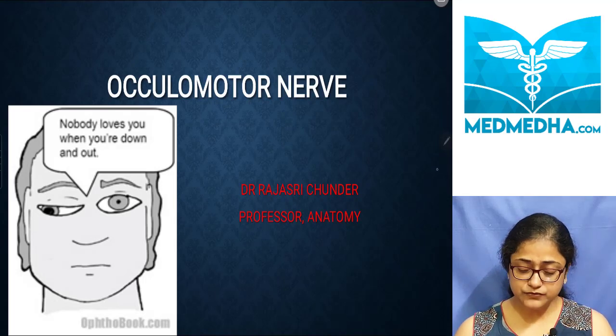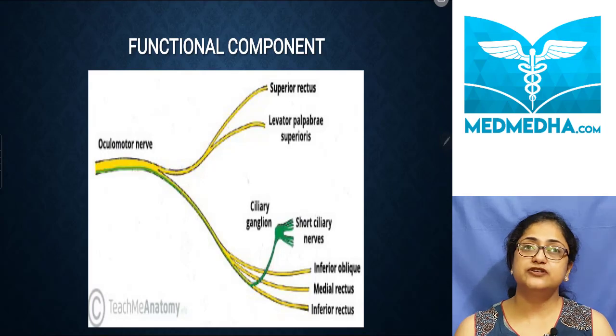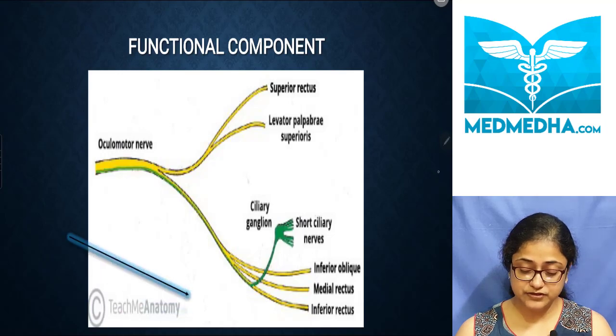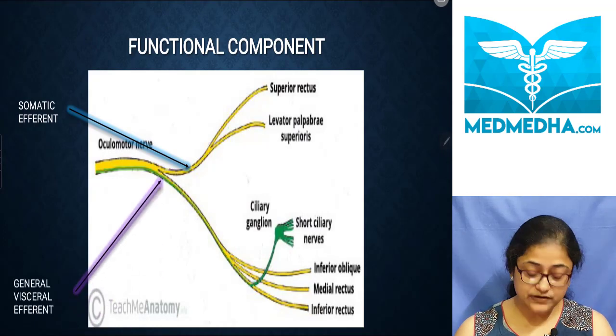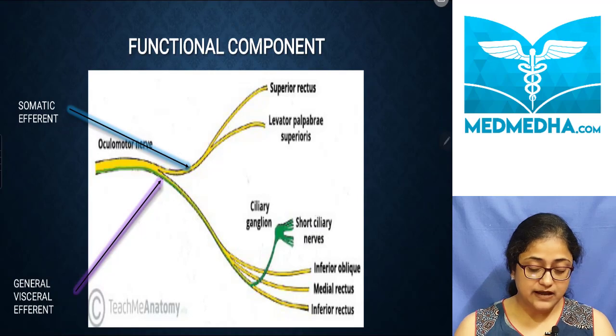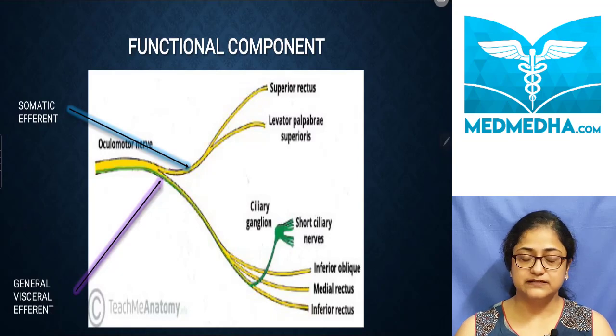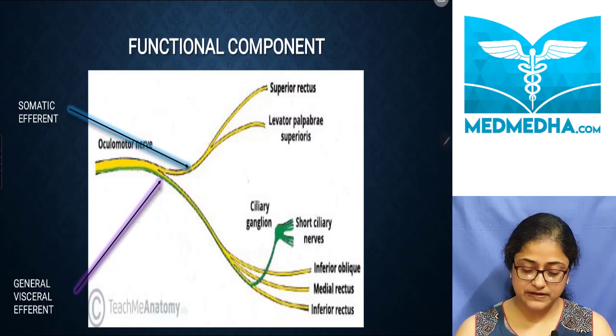So let us study the functional components of this oculomotor nerve. It is a purely motor nerve with two types of functional motor components. One marked in yellow is the somatic efferent, and the one marked in green is the general visceral efferent. The somatic efferent can supply a number of muscles, the extraocular muscles.